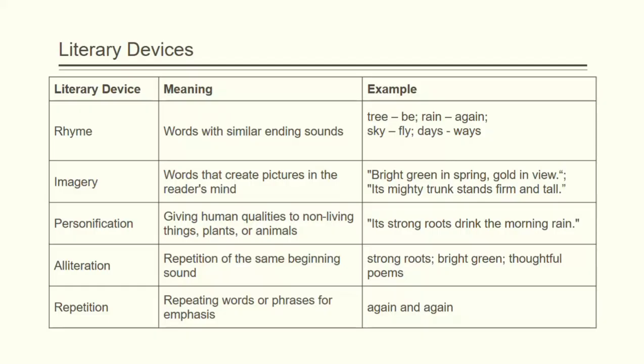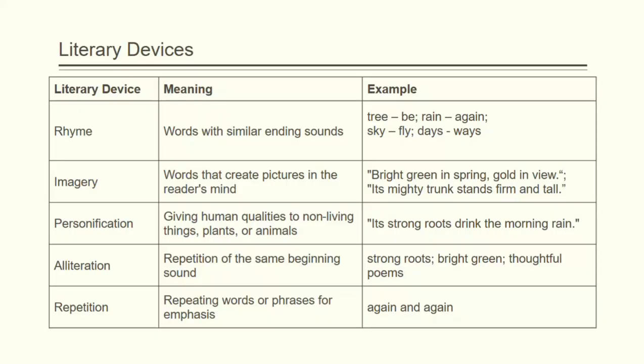So if you say bright green in spring, the reader may be imagining green trees in the season spring. So this is also another literary device that is used to enhance or embellish the poem.